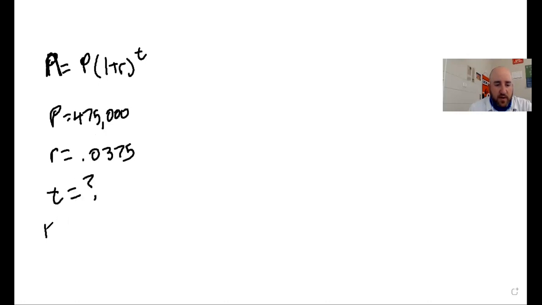T is what we're looking for. And A, we want to be 1 million. If I plug all that in, we'd be missing t. I can use logarithms to get exactly what t would be, but we're going to tweak it a little differently for what we want to do.